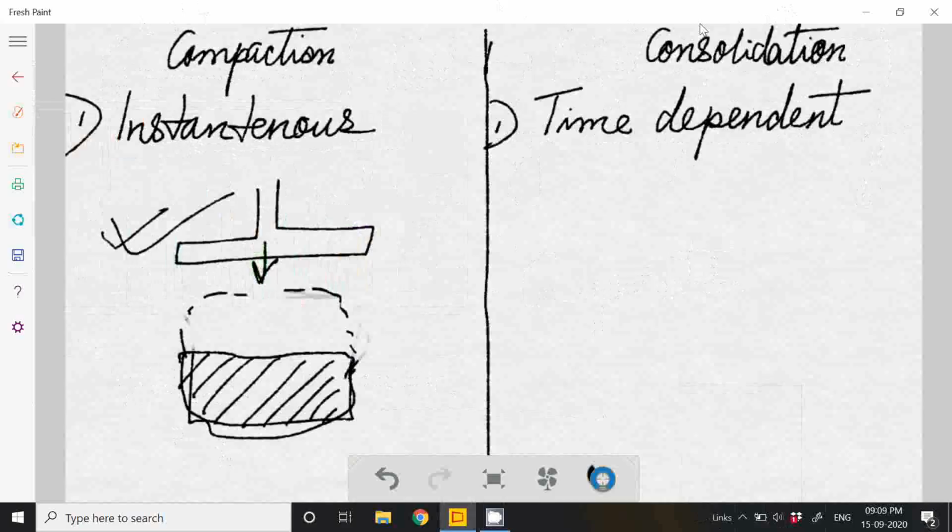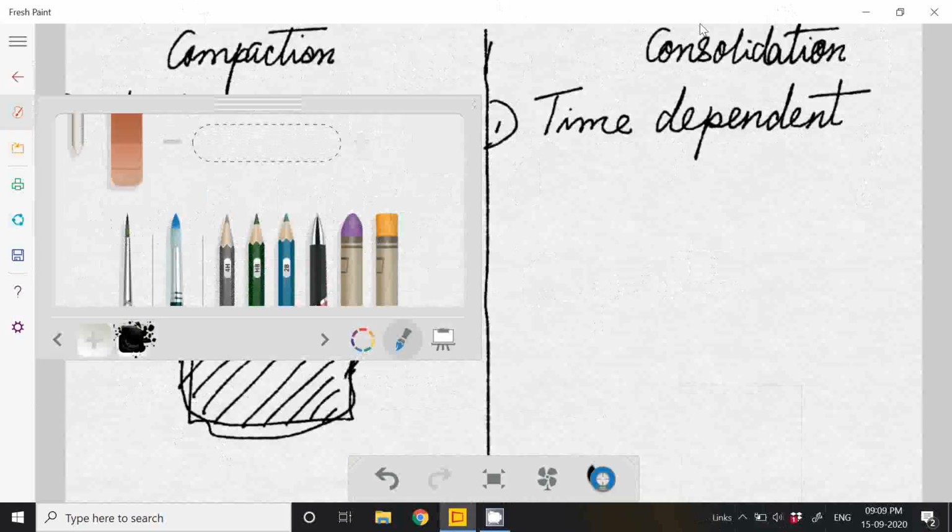And consolidation is not about applying mechanical energy. Compaction is applying mechanical energy, and instantly when you apply the energy, the soil gets compacted. That is the first thing.